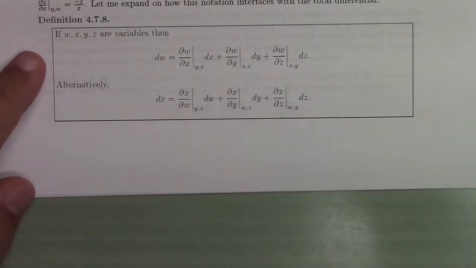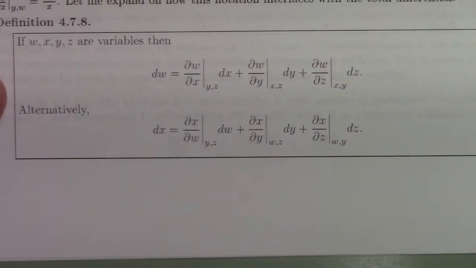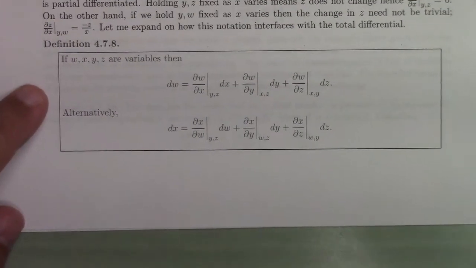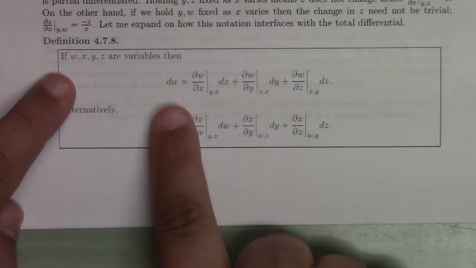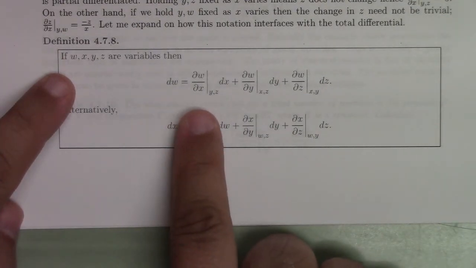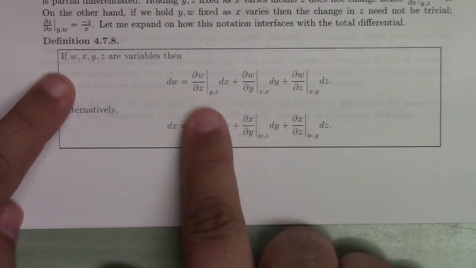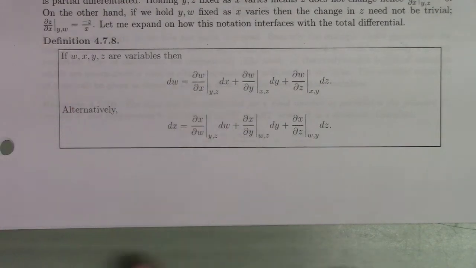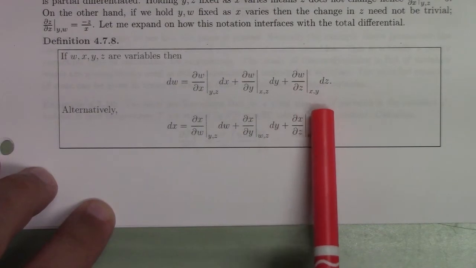So here's a more explicit version of all this. Here's a sort of abstract. If x, y, and z are variables, then we could write dw as partial w partial x, partial w partial y, partial w partial z. And in each one of these, we're holding everything else fixed. So each one of these, I've got xyz, yxz, zyx, zxy.